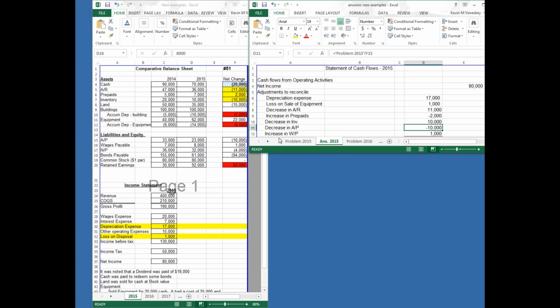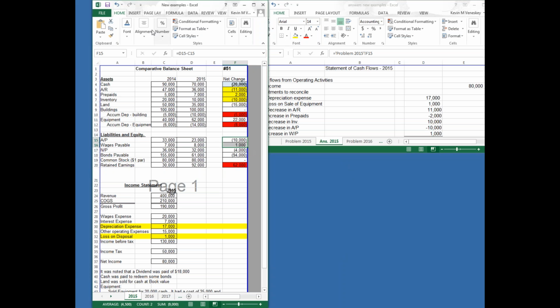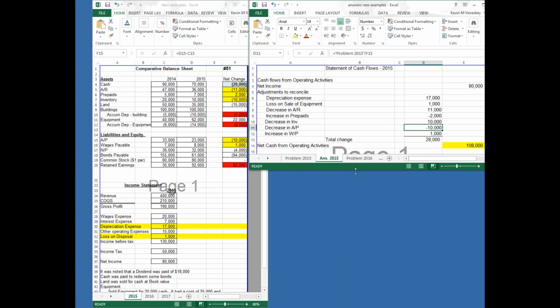Now I've done all of my current liabilities, current assets, and my income statement. I'm ready to total up the first section. Notice the number is a nice high positive. That's what we want to see. The higher the better as we go through the business.